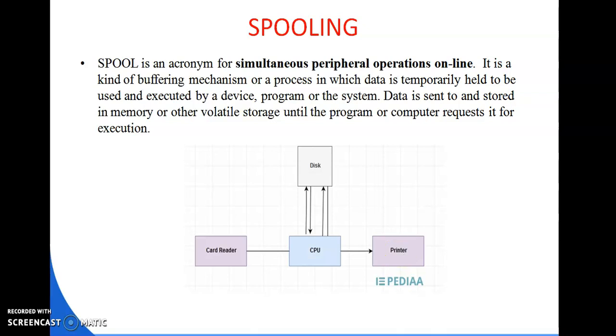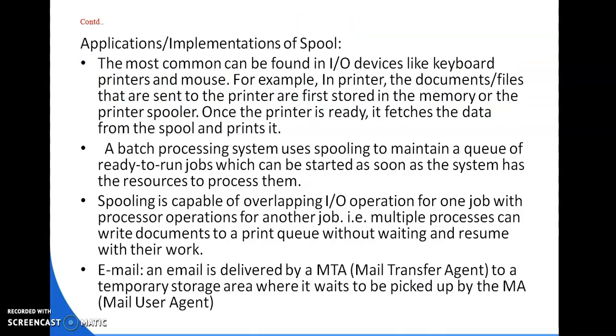Application and implementation of the spool. The most common can be found in I/O devices like keyboard, printer and mouse. For example, in a printer, the document files that are sent to the printer are first stored in the memory or the printer spooler.